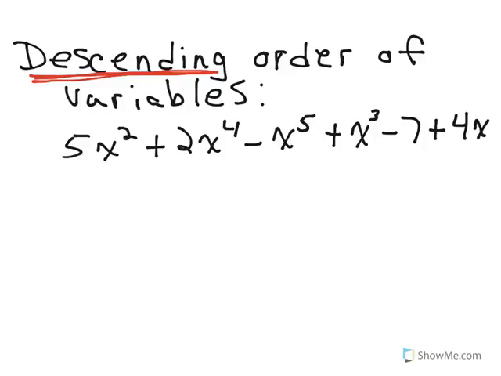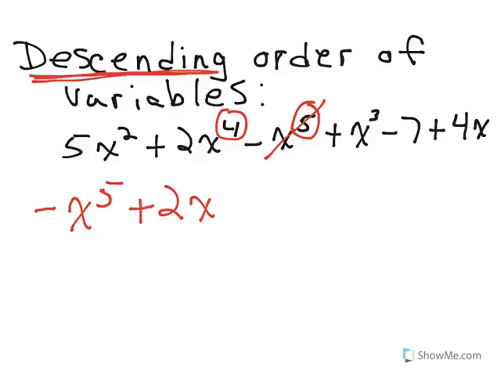So in the polynomial 5x squared plus 2x to the fourth power minus x to the fifth power plus x cubed minus 7 plus 4x, we look for the largest exponent, and that is the term we write first, negative x to the fifth. Then we look for the next largest exponent, and we write that term, 2x to the fourth.